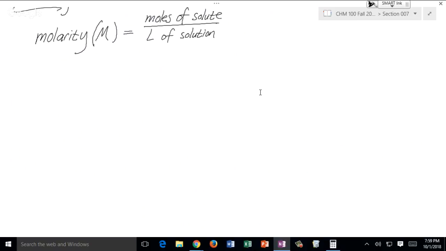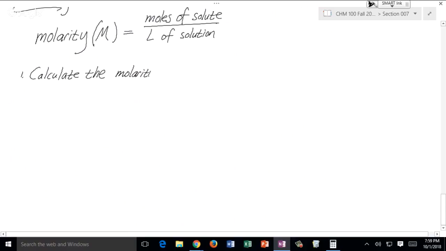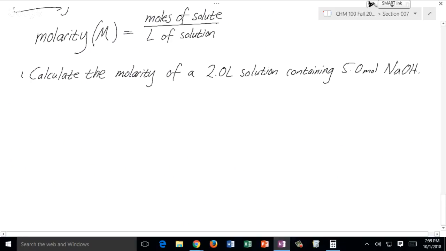So we can say, calculate the molarity of a 2-liter solution containing 5 moles of sodium hydroxide. 2-liter solution containing 5 moles of sodium hydroxide.